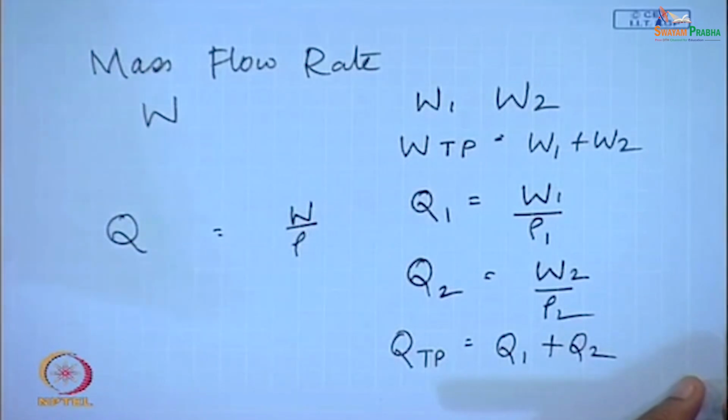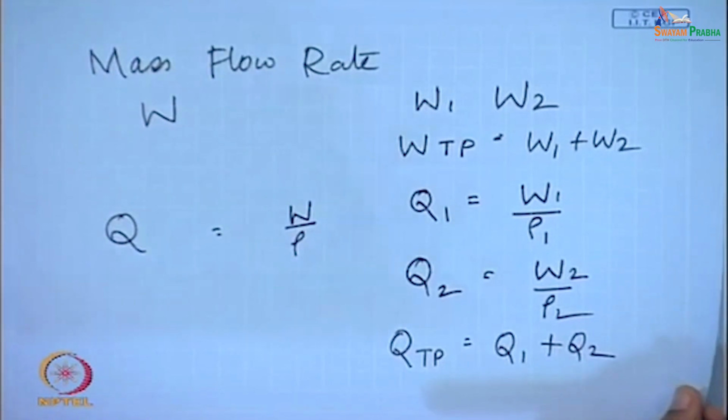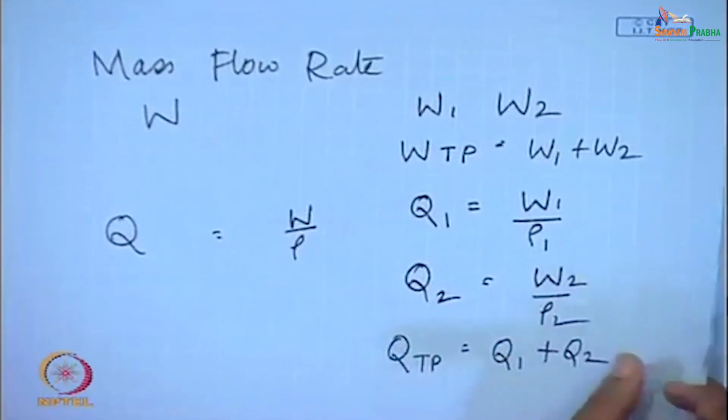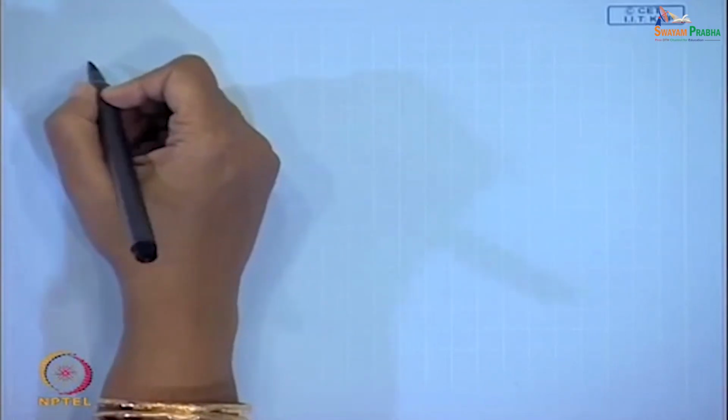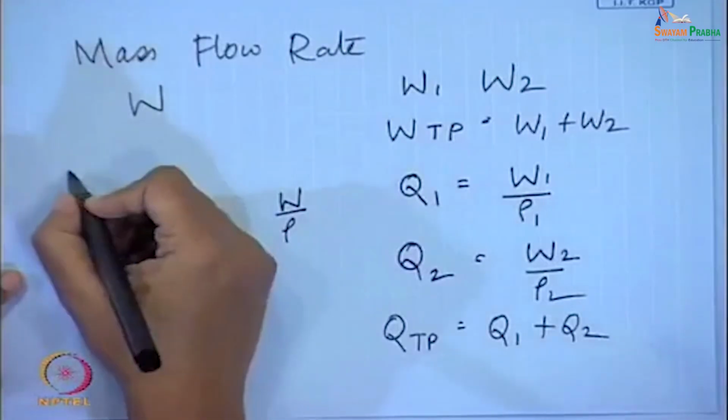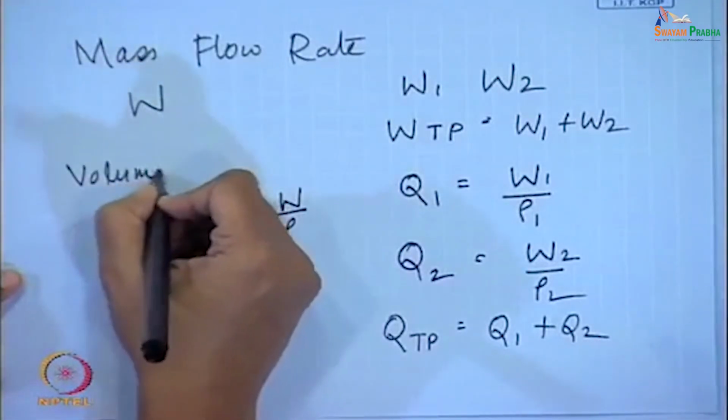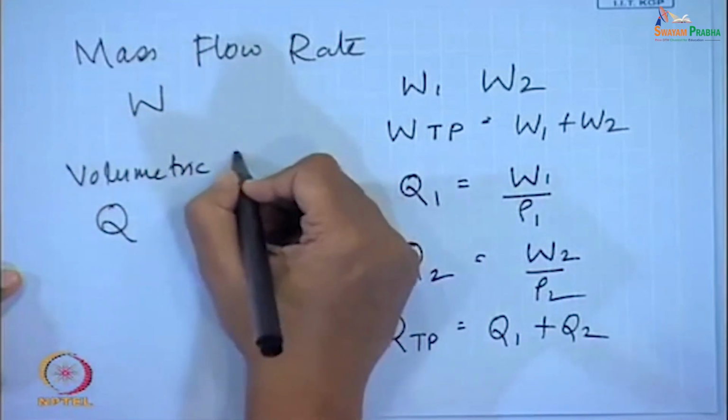Well, after this, the next thing which we would have is the density. We have already specified density while defining the volumetric flow rate. You can just write it down. This is the mass flow rate and this one was the volumetric flow rate.